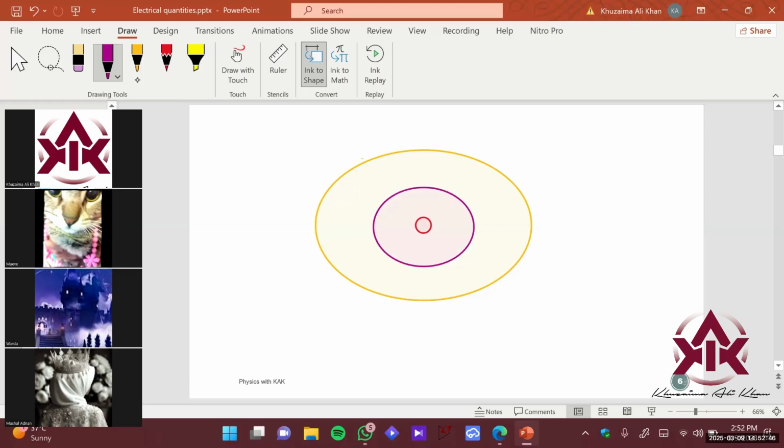What is the center part of an atom called? Nucleus. Yes, this is the nucleus here.